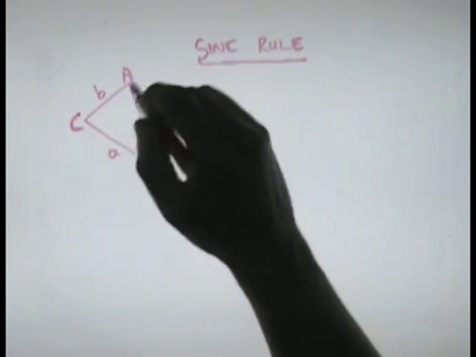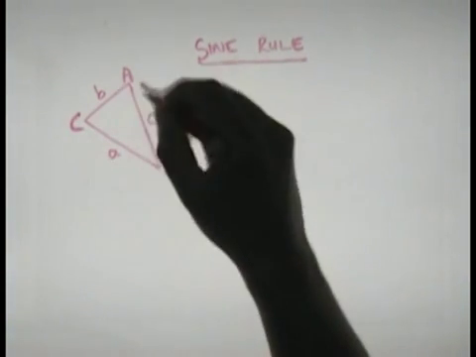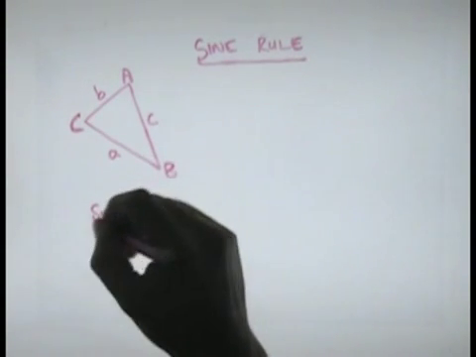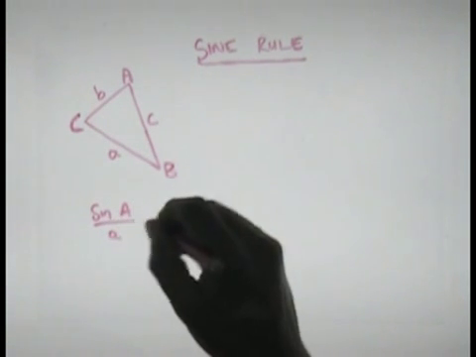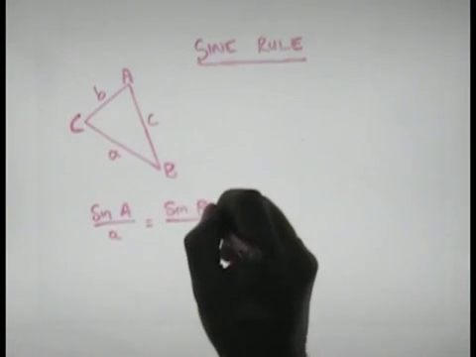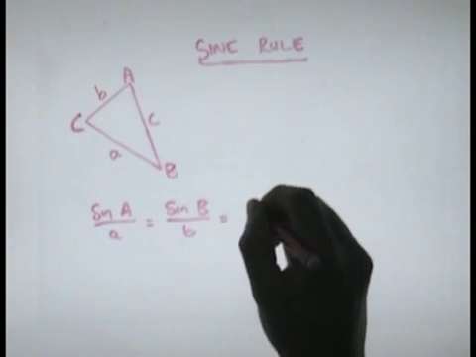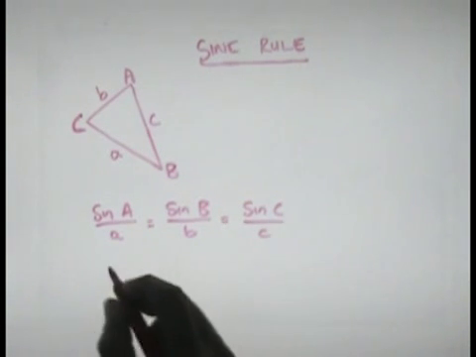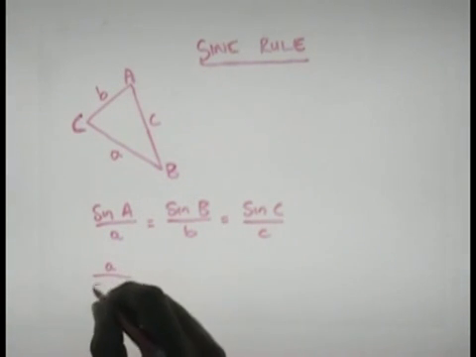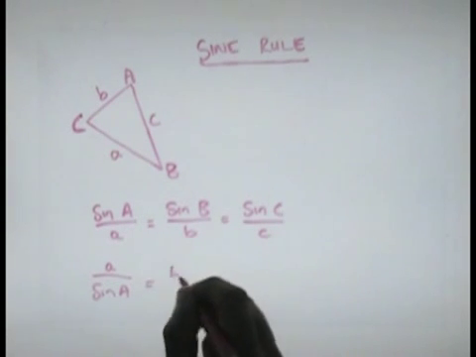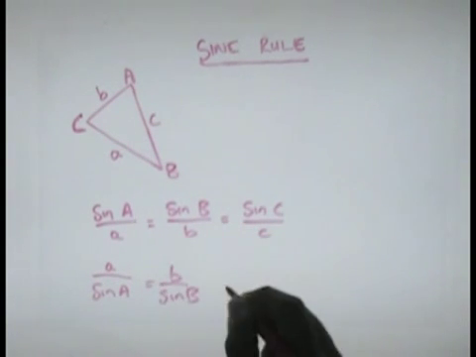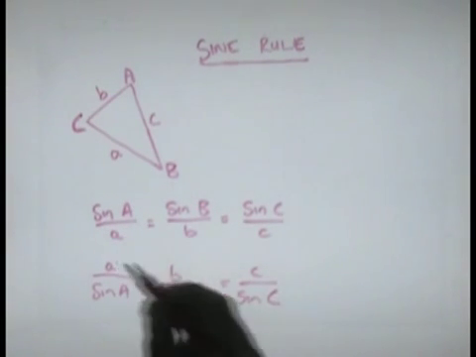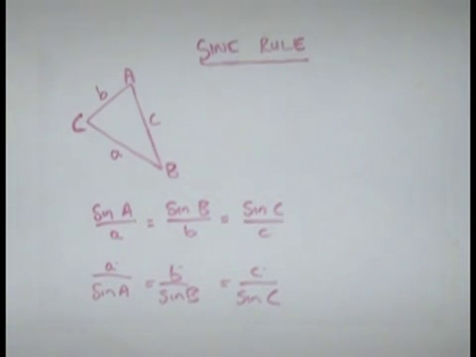The sine rule says that in any triangle ABC, sine A over side A is equal to sine B over side B, which is equal to sine C over side C. Alternatively, we could say A over sine A is equal to B over sine B, which is equal to C over sine C. These are the sides, these are the angles.